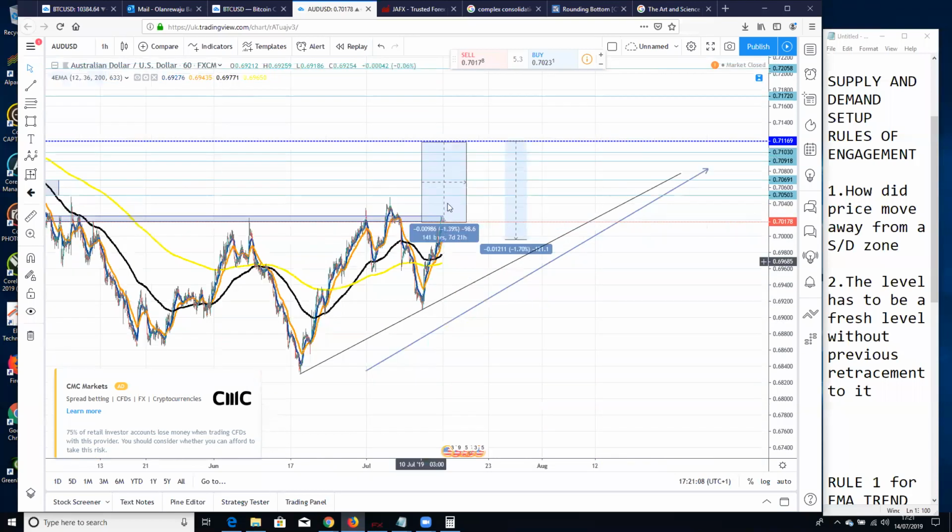And then obviously, if price goes up like that, would price give us that 5-to-1 risk ratio if price is coming back to this trend line? Because obviously, this trend line will be another key location where price can stop.